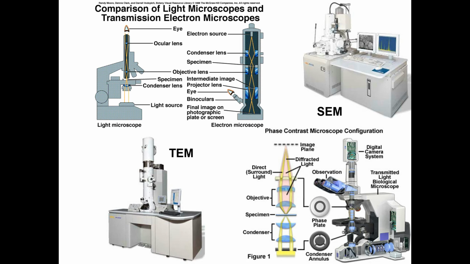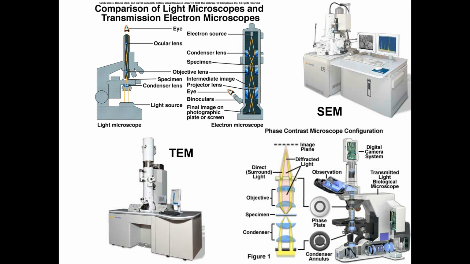And these electrons are going to hit your specimen, which has been coated with a type of metallic stain. This metallic stain will allow these electrons to bounce back off, and it gives some contrast, right? Because they're not going to pass right through the specimen.